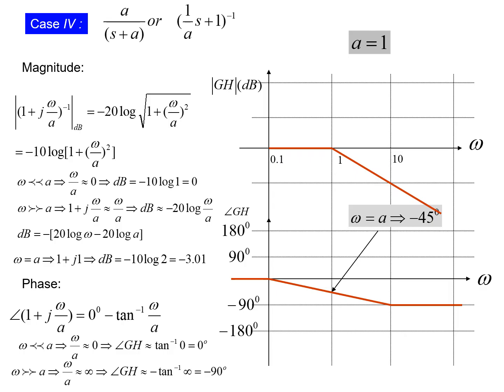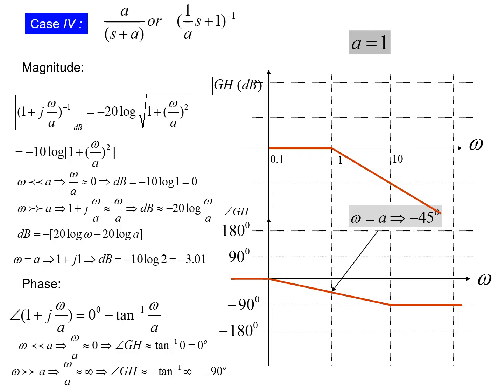The dB is equal to minus 10 log 2, which is equal to minus 3.01 dB if omega equal to a. If a equal to 1, this is the result.